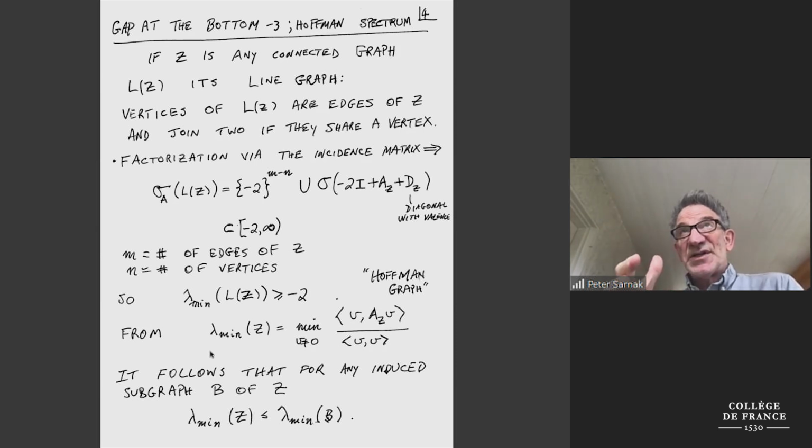When I'm on a subgraph, I can just take the other variables to be 0 and restrict to the subgraph, which amounts to looking at induced subgraphs B of Z. And from this variational characterization, you immediately see that lambda min of Z is less than or equal to lambda min of B for any induced subgraph B of your starting graph Z. So if you are a Hoffman graph, then you can't contain any small B's, and you can go look for small B's as induced subgraphs which have lambda min actually bigger than -2.